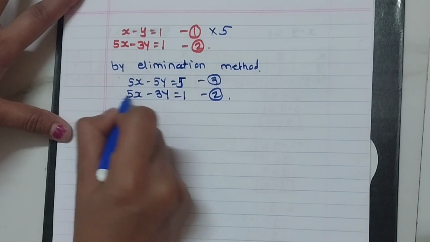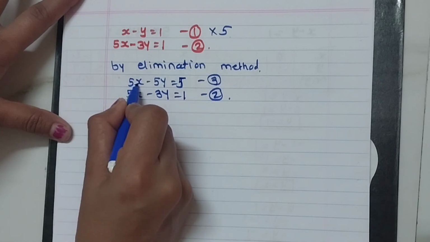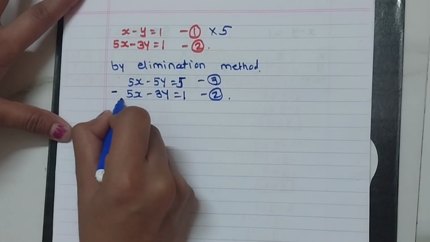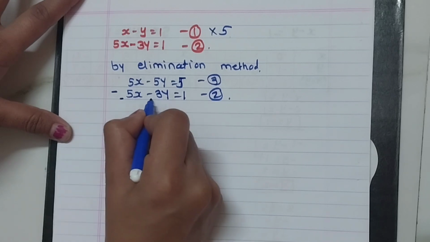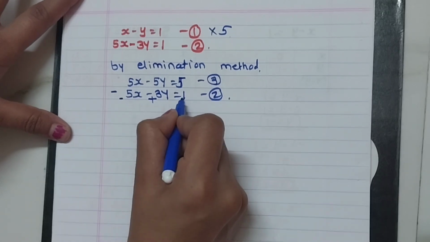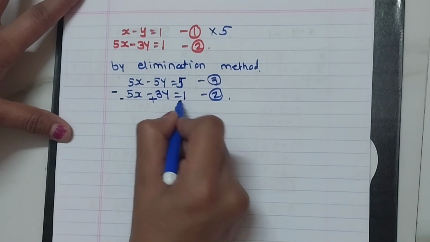Now we subtract equation number 2 from equation number 3. So here is the minus sign, and this plus will become minus, this minus converted into plus, and this plus will convert into minus.